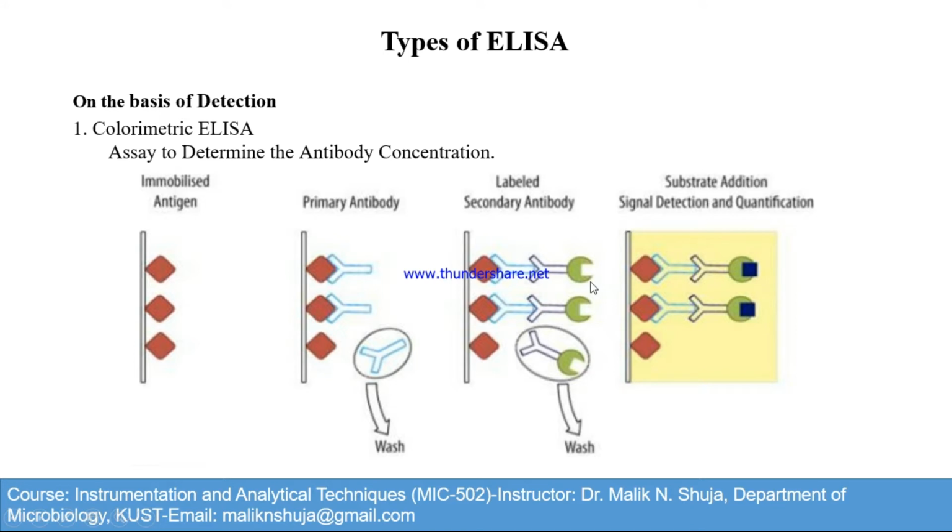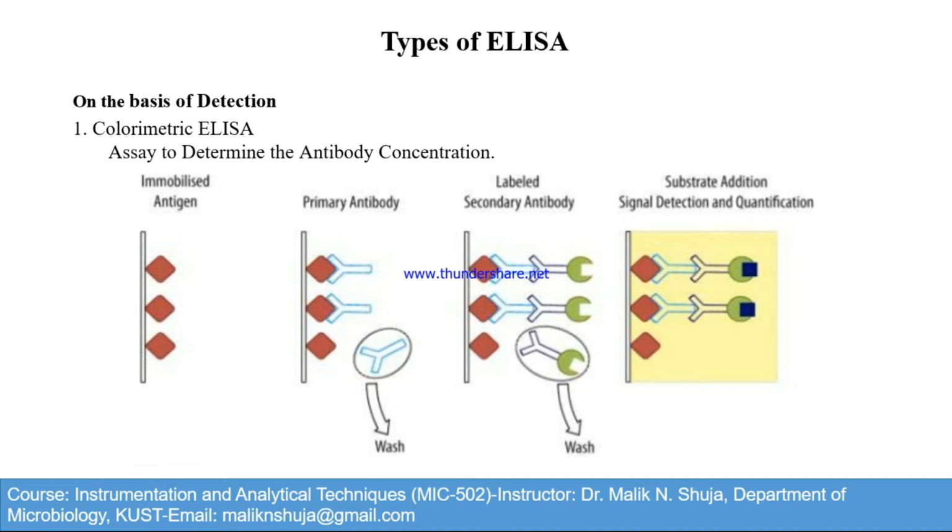Three types of enzyme have been reported which are attached with the secondary antibody. It may be attached with the primary antibody in case of direct ELISA, in which only one type of antibody is used. So the labeled antibody's enzyme may be horseradish peroxidase, alkaline phosphatase, or beta galactosidase.